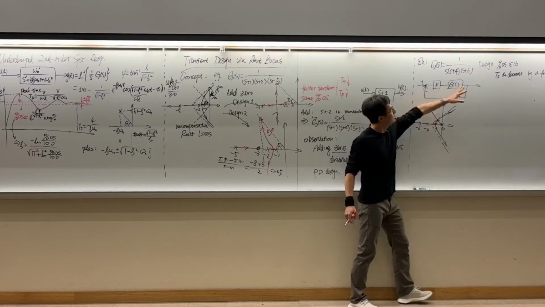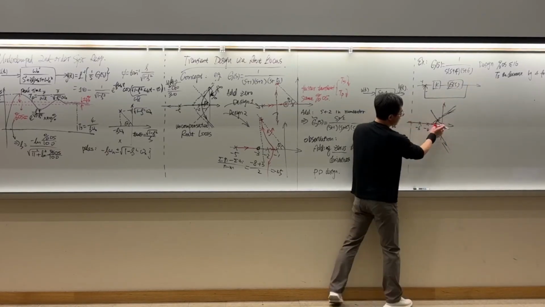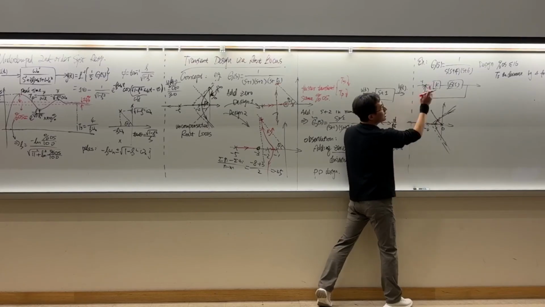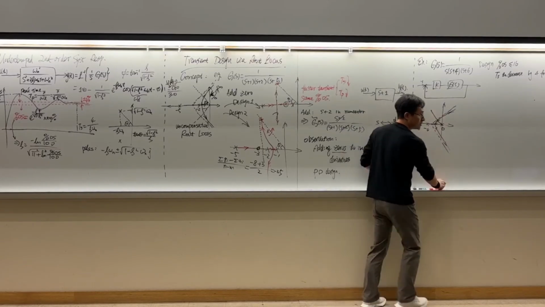What I want is to design the system such that the settling time is reduced by 4 times, which means I want my closed-loop poles to be further to the left. And having a percentage overshoot of 16 means I want it to be still along this line, this angle. So we want, let me use blue.